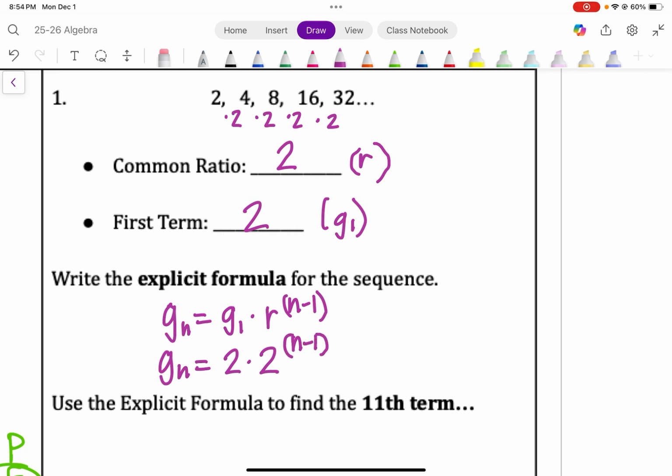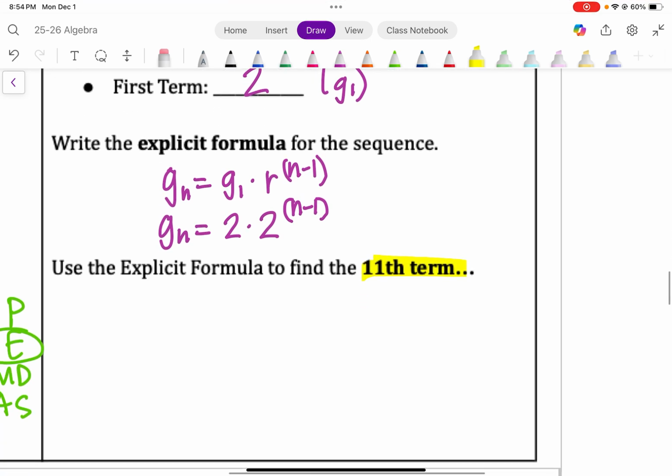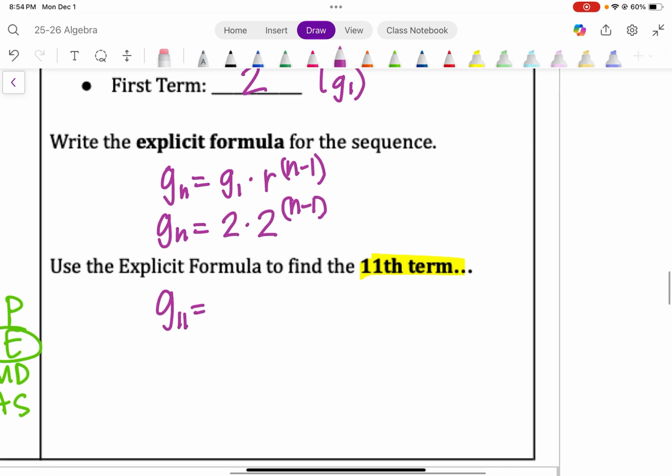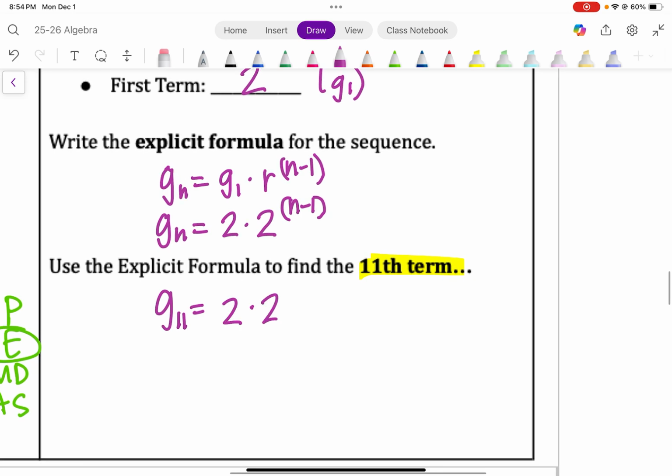Now we're asked to find the 11th term. Instead of g of n, that should have been g11, equals 2 times 2 to the 11 minus 1. So g11 equals 2 times 2 to the 10th.